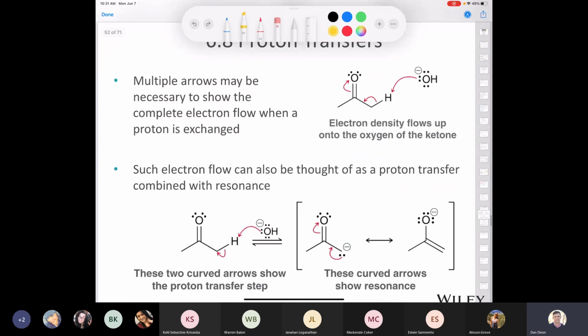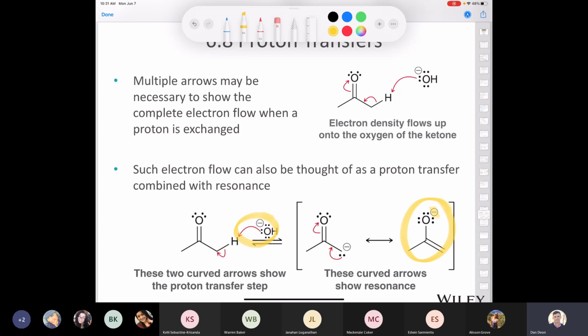But with proton transfers, sometimes we have to use multiple arrows to show the complete flow of electrons when we exchange a proton. For example, let's say you have this ketone here. Well, you could just draw a curved arrow to show the proton transfer and then the formation of a carbanion like this. However, if you look at these two resonance contributors to the overall resonance hybrid, you can see that this one is going to contribute more because the negative charge is on the oxygen, right?